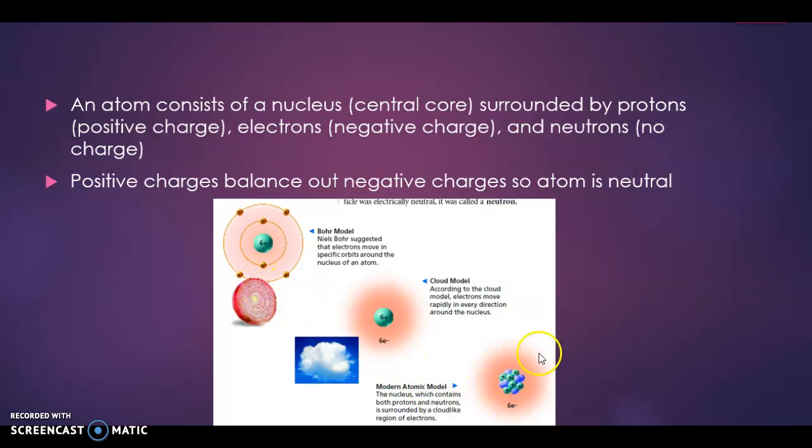But it's more of a cloud now that we show them in rather than in a two-dimensional model. But the same basic idea that there are specific amounts of electrons in each level as they go out from the nucleus. That's still a very prudent thing to know, but we just need to know that it's more of a three-dimensional model. Okay, so that's your basic structure of an atom.